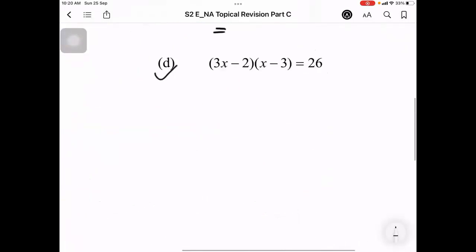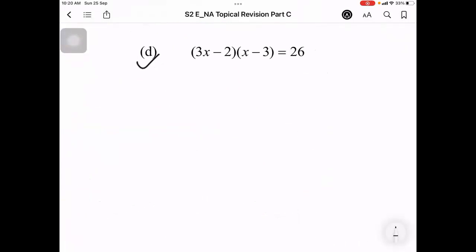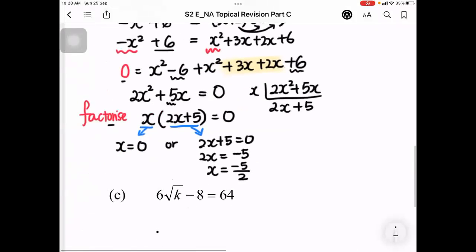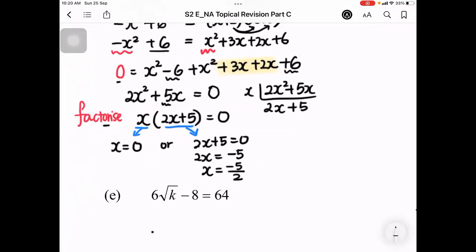This one over here, first thing. Now, when we solve a quadratic equation, it must be equal to 0, correct? So you notice the next question, is it equal to 0?